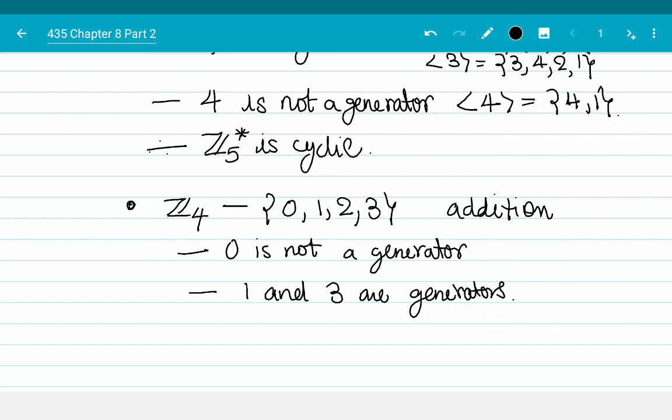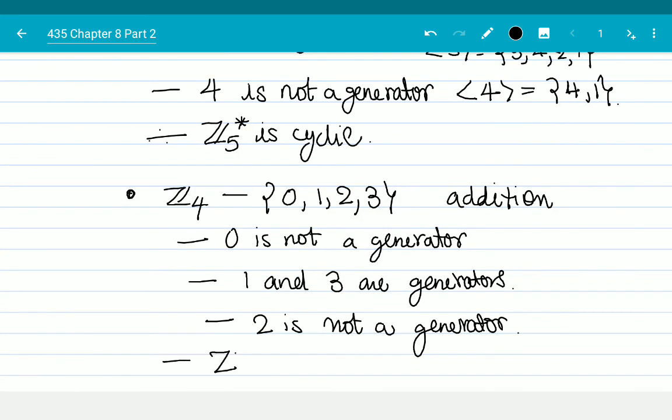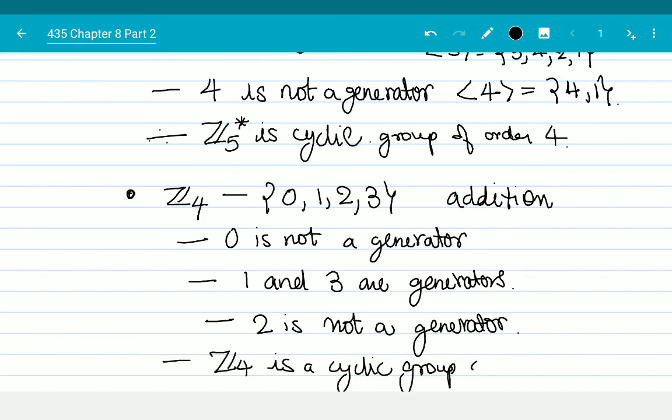And 2 is not a generator. So both of these are cyclic groups of order 4.